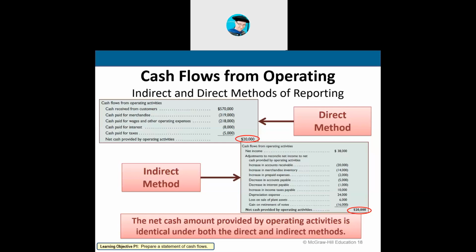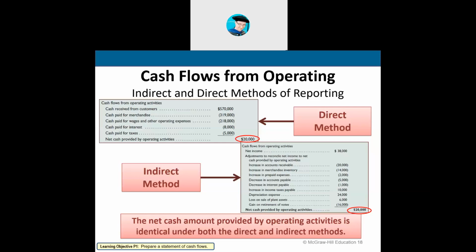The indirect method, on the other hand, is a little bit more complex. The indirect method takes into consideration net income. Net income comes from your income statement. At the very bottom of your income statement, we take that net income amount, and then we reconcile your net income to your operating activities through cash.